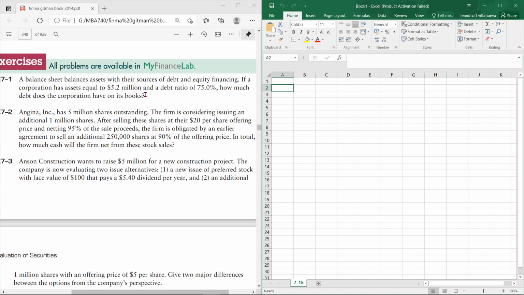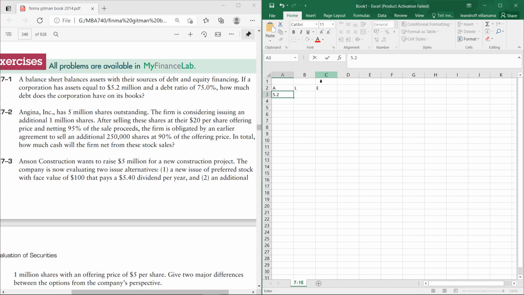You have an asset equal to 5.2 million and your debt ratio is 75%. So we know that asset is equal to liability plus equity, and it's stated here that your total asset is 5.2 million. Okay, so we have 5.2 million.